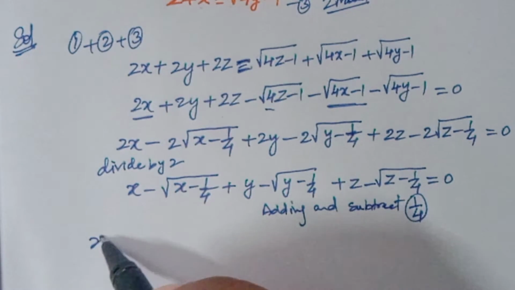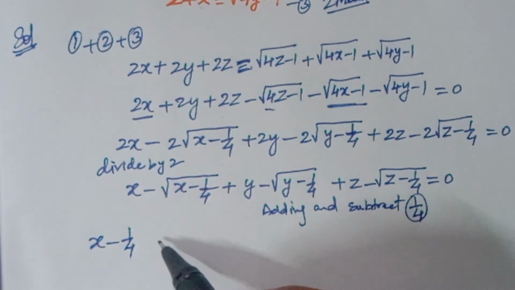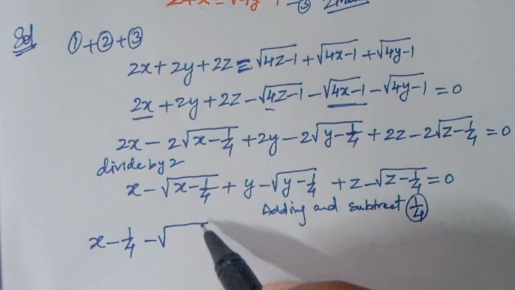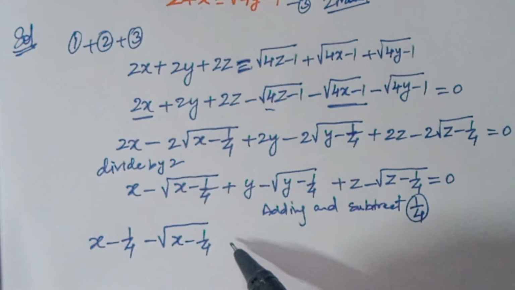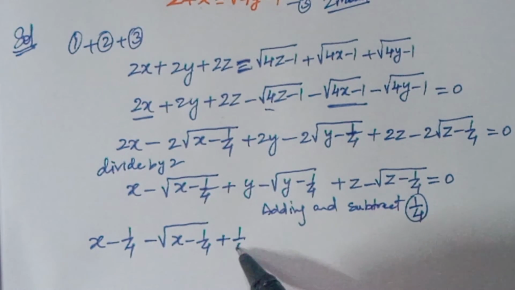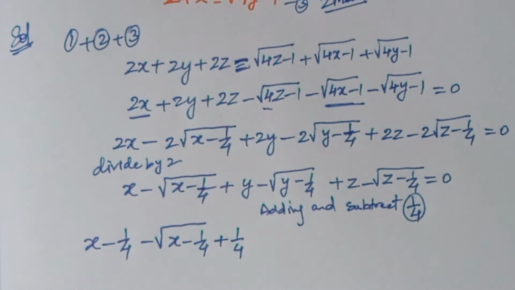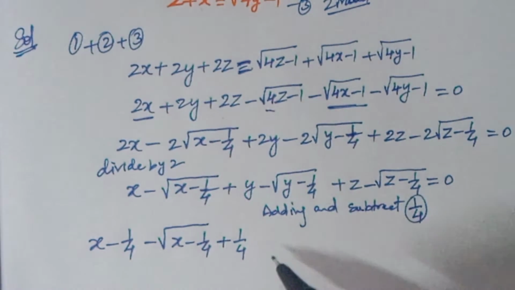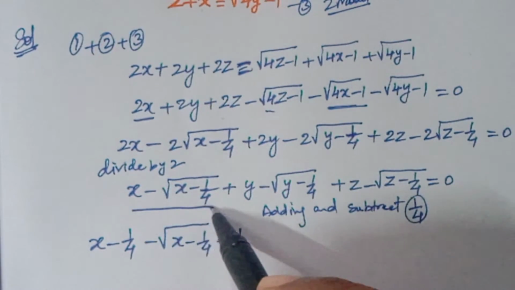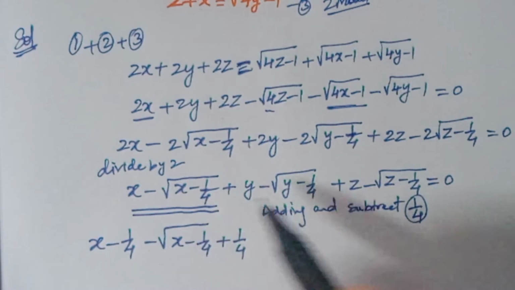Here what I am doing: x minus 1 by 4 minus root of x minus 1 by 4 plus 1 by 4. Why are we adding and subtracting 1 by 4? Because here you will get a perfect square. This first one I am taking, this one I will explain. Similarly I will write the remaining.